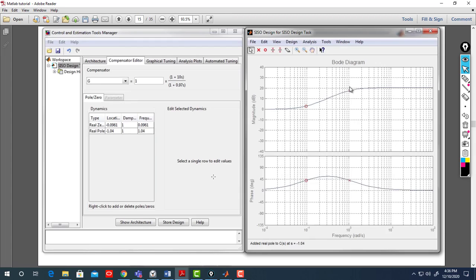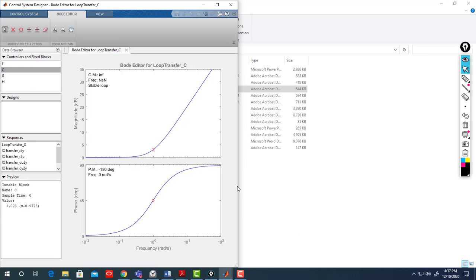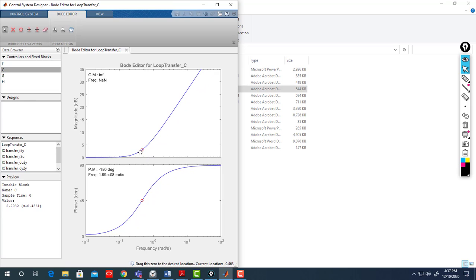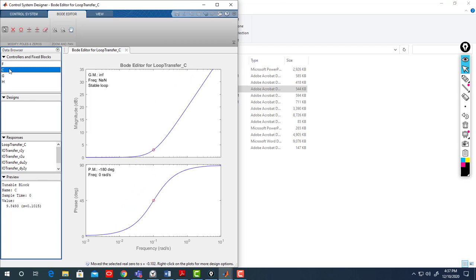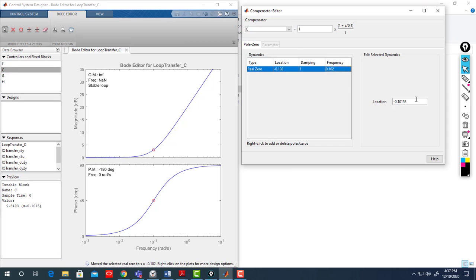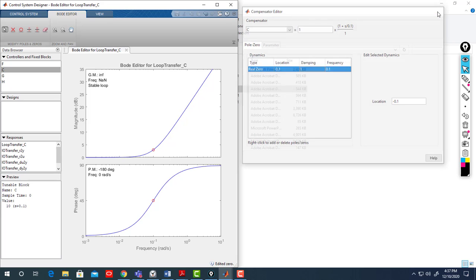So it seems like 0.1 and 1, so they have a zero not at 1 but at 0.1. So maybe I can drag it to 0.1. I'm clicking right and dragging it to 0.1 to verify if it is 0.1 or not. Yes, it is somehow 0.1. Okay, so I can take it exactly at 0.1.